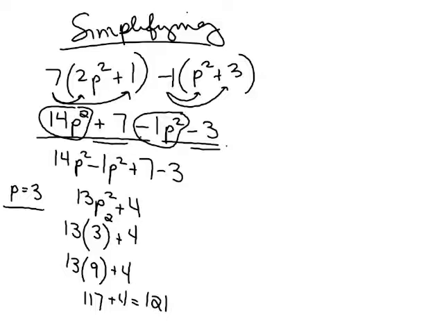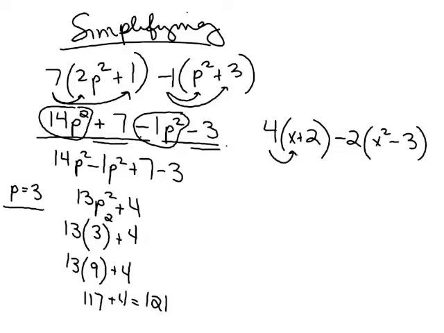How about if I have 4 times x plus 2 minus 2 times x squared minus 3. So let's distribute that. Start with my 4. So 4 times x.